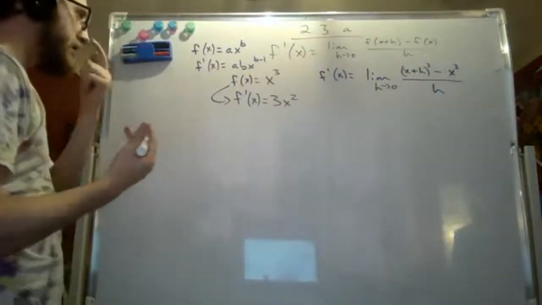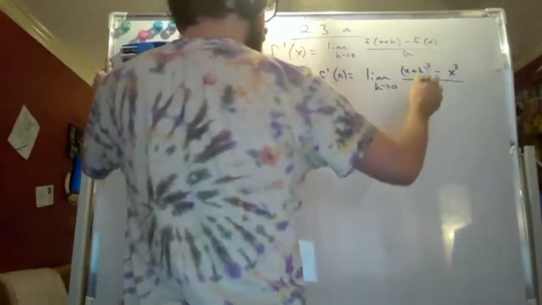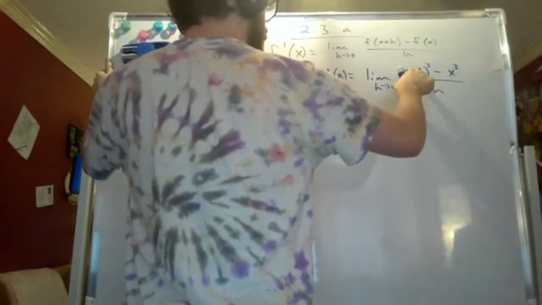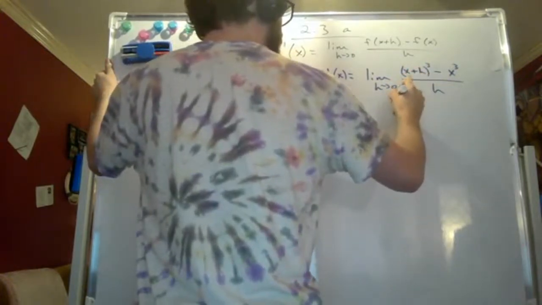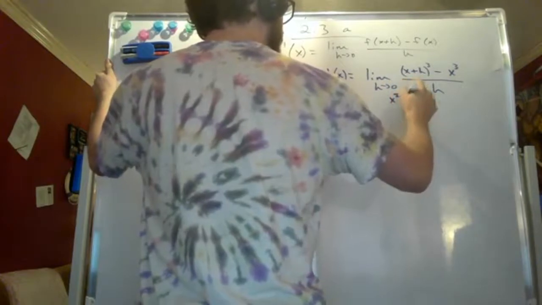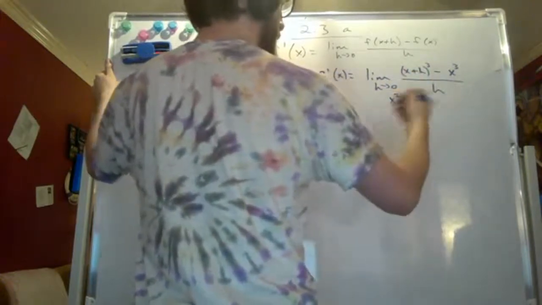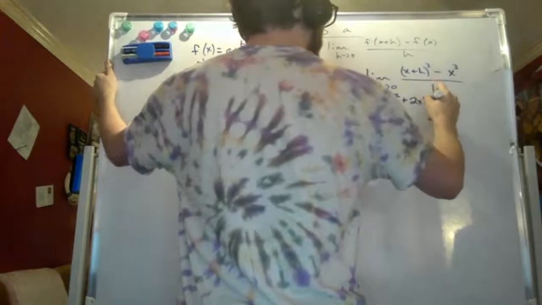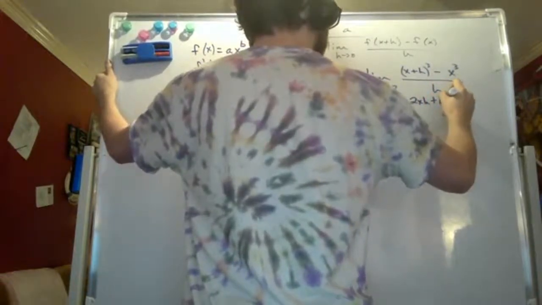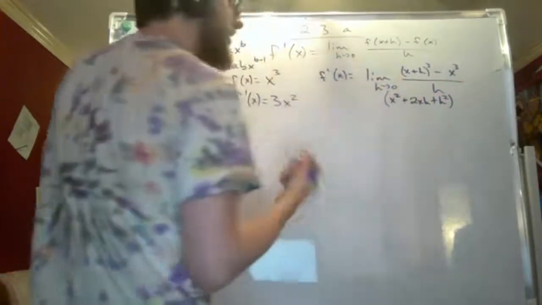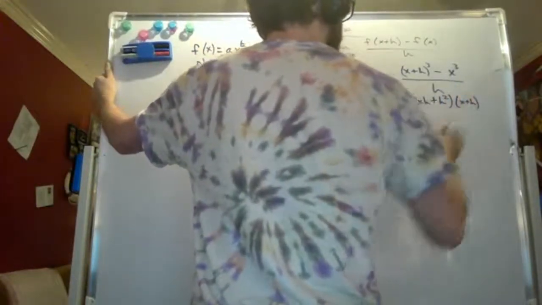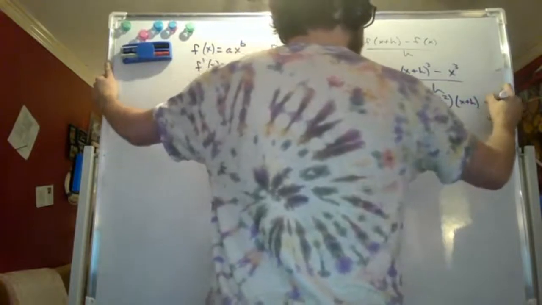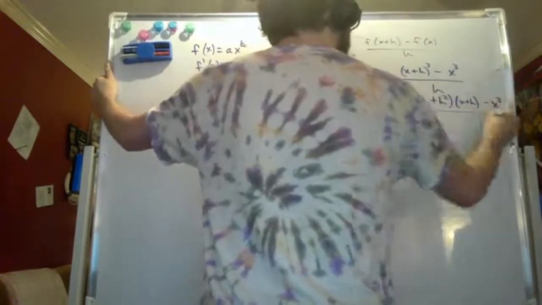This gets a little messy with the cubic here. But we know that if we square x plus h, we're going to have x squared plus 2xh plus h squared. So we still want to multiply it by one more x plus h, and we still want to subtract our x cubed.